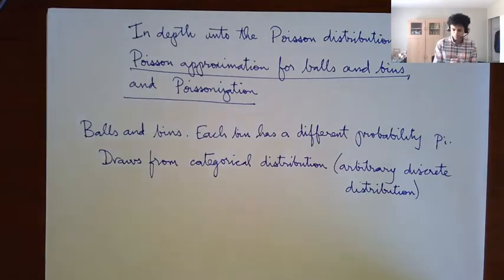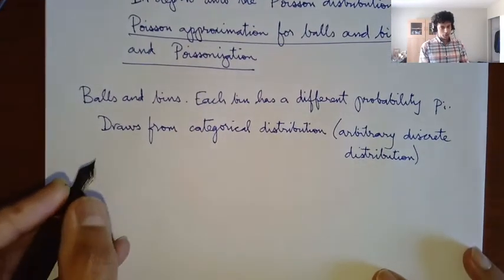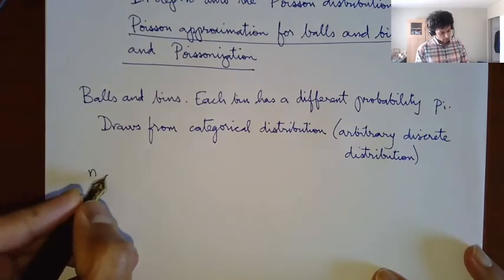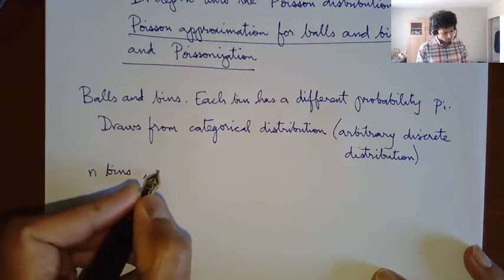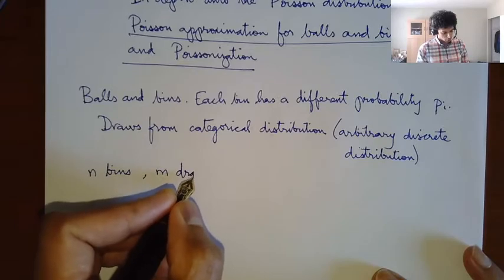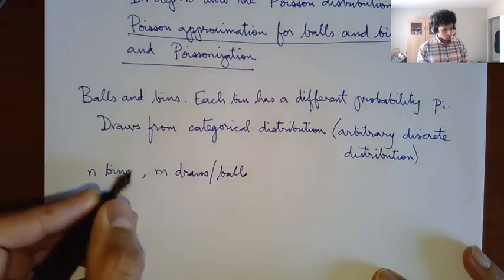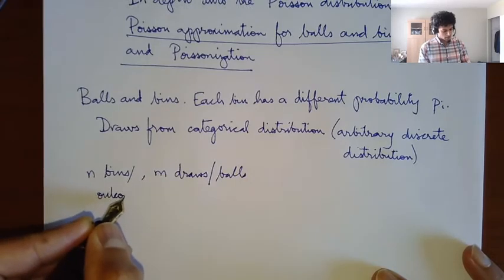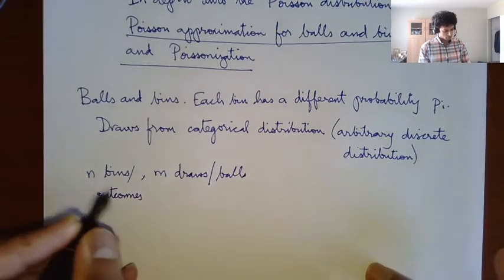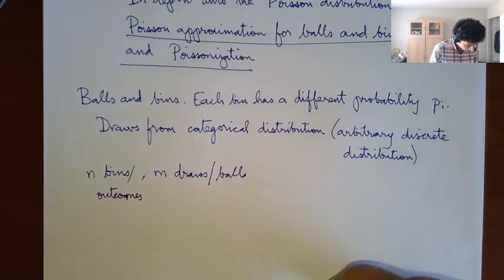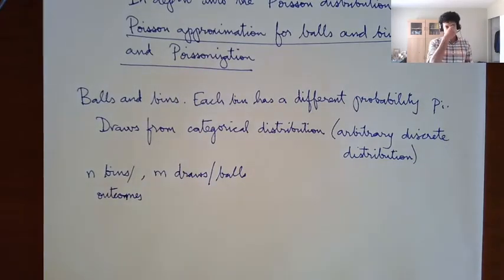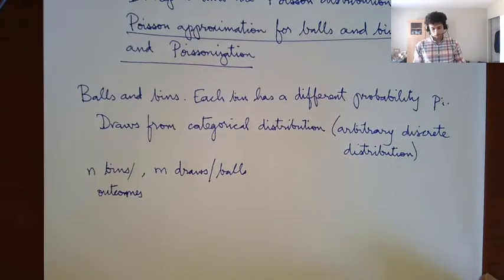Okay, so it's an arbitrary discrete distribution, and if so, we have n bins and m draws or balls. So the bins are simply n outcomes, right? So each bin is a different outcome, and each ball is just a draw.